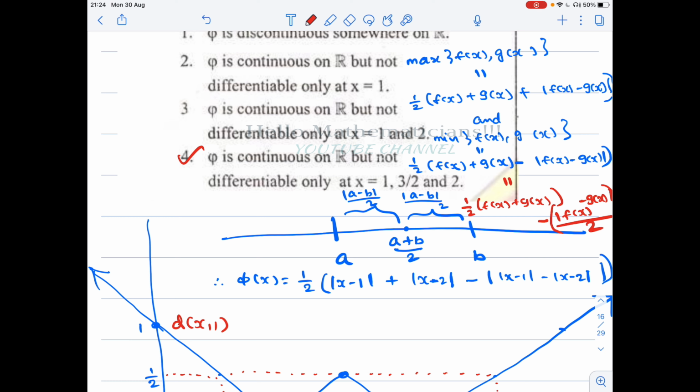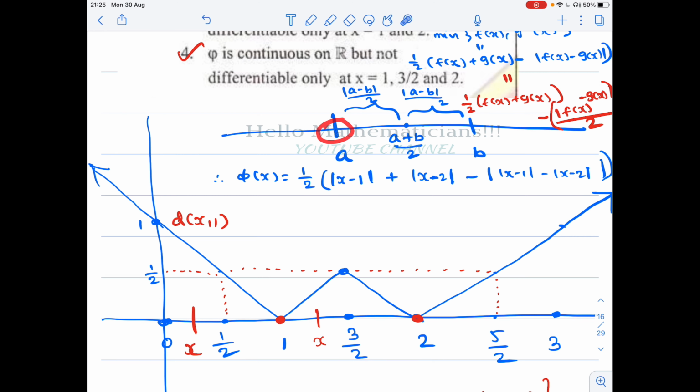I am just splitting the 2 separately, since this 1 by 2 is common for this term also. If you look at this quantity, this is the average of these two quantities, and from this average we are subtracting the distance between f of x and g of x divided by 2. Let's see why this equals the minimum.